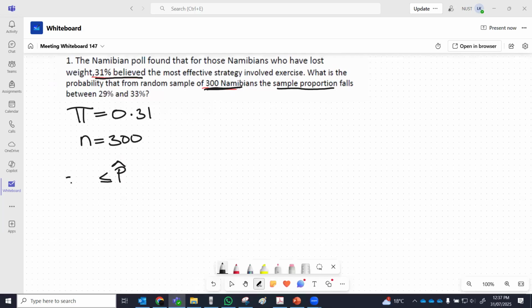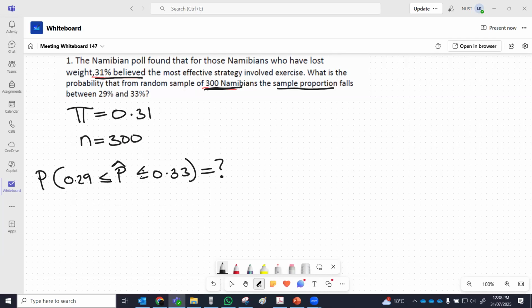So it's between 0.29 and 0.33, or 33 over 100. And this is the probability that we are looking for. So first thing is you must write down all the information that you are given. Then you write down what is the probability that you're looking for.